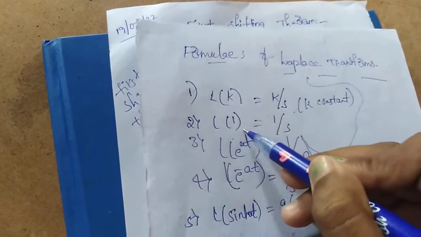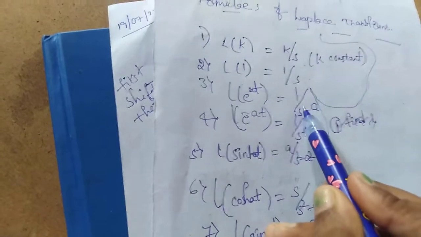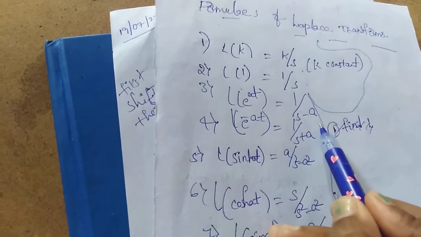L of 1 equals 1 by s, and L of e power at equals 1 by s minus a.